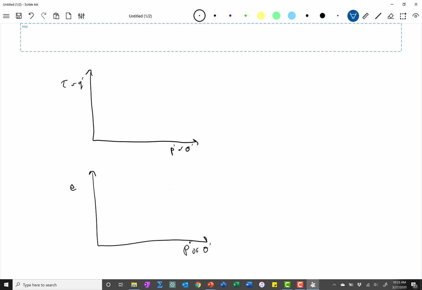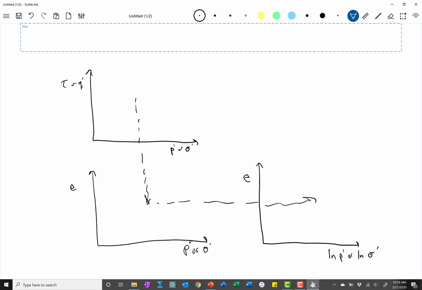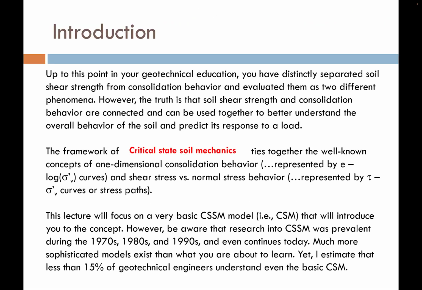And then maybe to the right of that, you'll see another plot that looks something like this, where you'll again have void ratio, but maybe you'll have the ln of P or the ln of sigma prime. So the idea is that you'll go from this plot to this plot, and then from this plot to this plot, and everything projects onto the different planes. So get used to that idea, because we're going to see a lot of it in the next couple of slides.